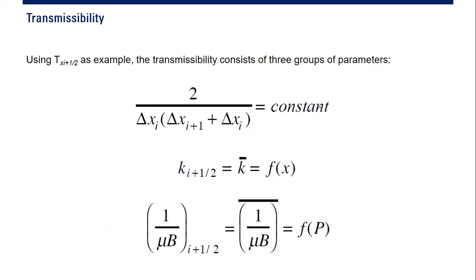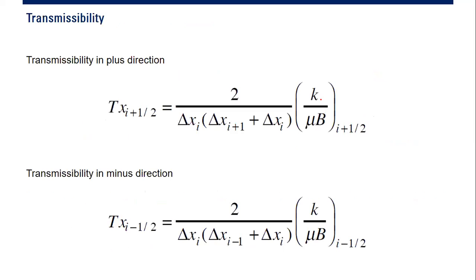Okay? So transmissibility in the X direction at i plus half is 2 divided by delta Xi multiplied by delta X i plus 1 plus delta Xi, and then multiplied by K per viscosity multiplied by formation volume factor at i plus half.